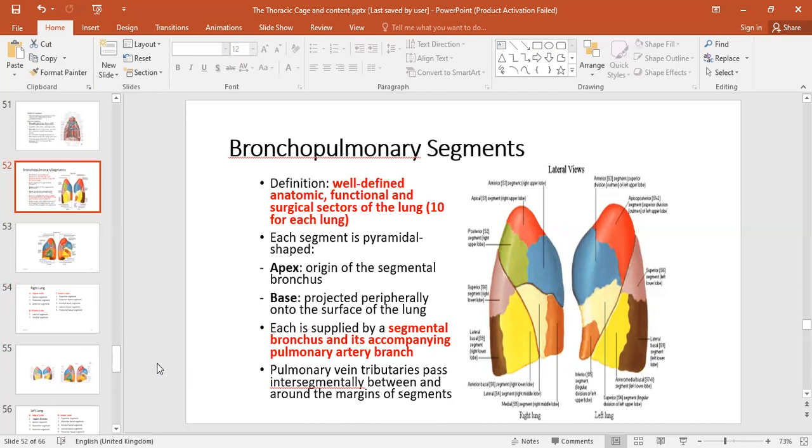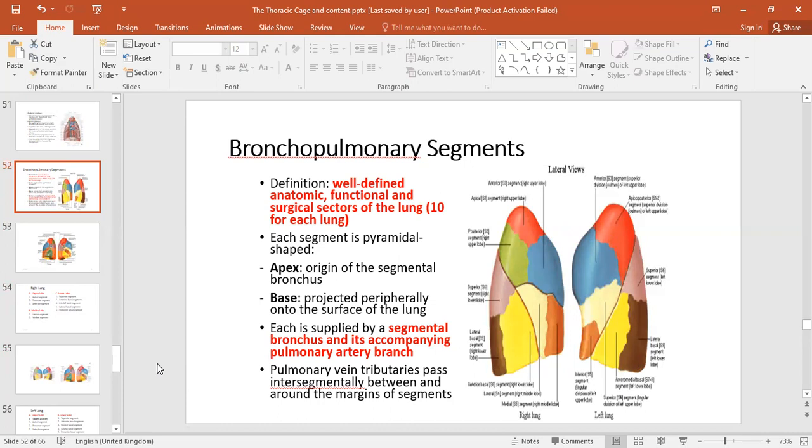Now, in total, whether it is the left lung or the right lung, in all human beings, you either have 8 segments in both the left and right lung, or you have 10 segments in the left and right lung. So some individuals have 8 segments, whereas others have 10 segments. There's that variation. Nevertheless, that doesn't affect the normal function of the lungs.